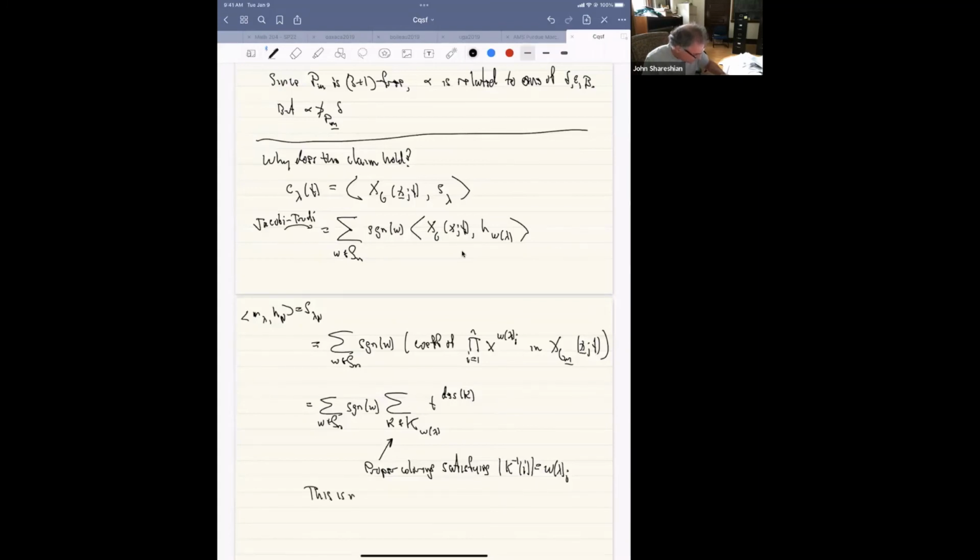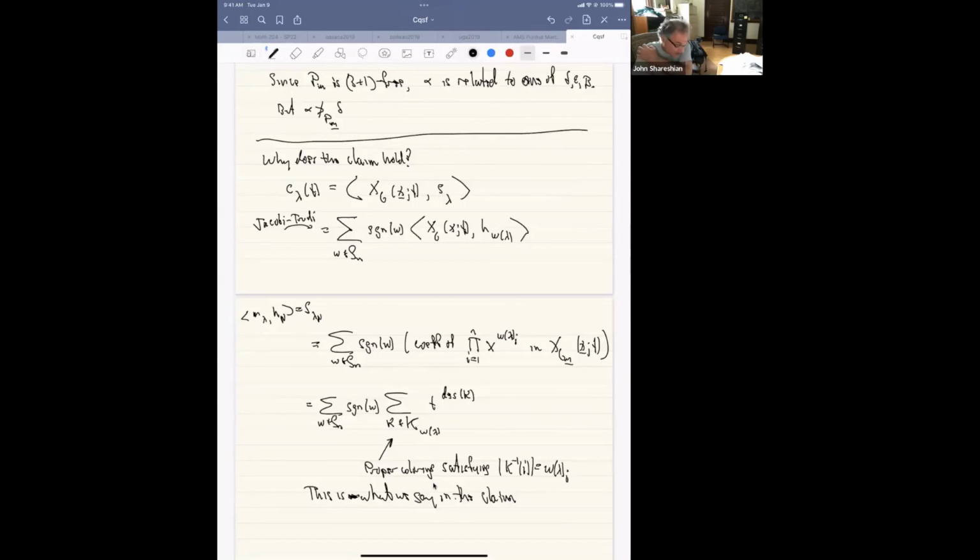I know there's some translation to be done, but I said that each array corresponds to a coloring, and the arrays correspond exactly to these colorings. So this directly translates to the claim. It turns out that the proof of the claim is just using the inner product.